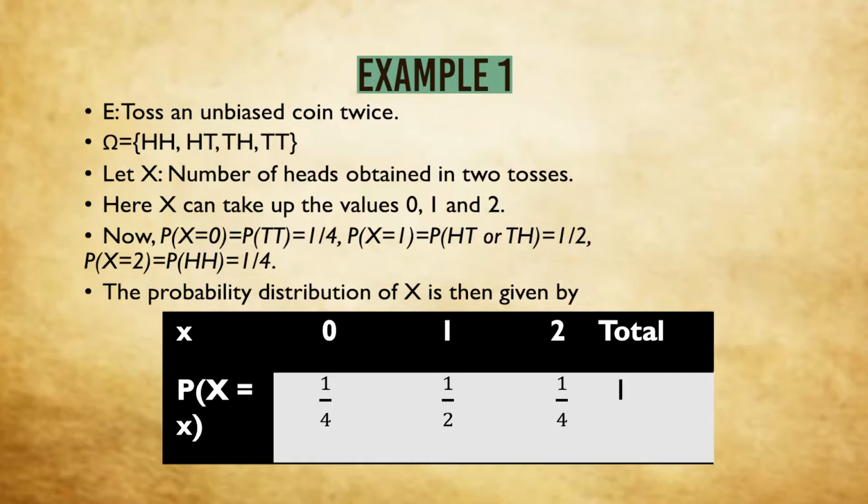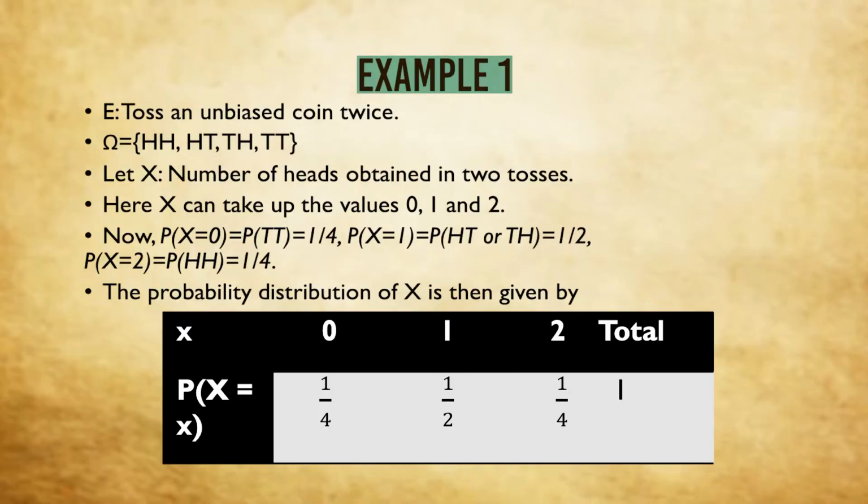Let us see carefully. Probability x equals 0. First you imagine when x takes up the value 0: that is when the outcome is TT. What is the probability of getting this outcome TT? 1 by 4. So probability x is equal to 0 will be 1 by 4. Similarly, probability x is equal to 1. Now the outcomes favorable to x equals 1 are HT and TH.